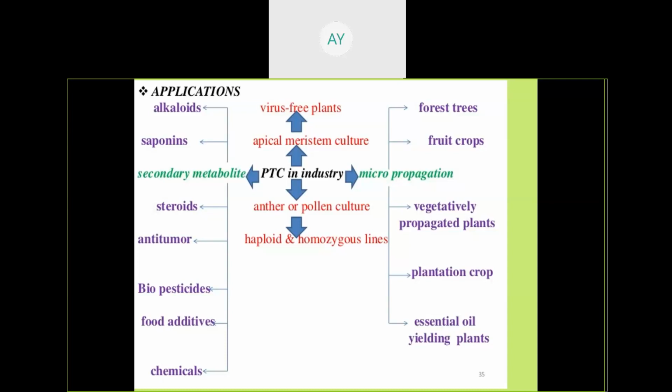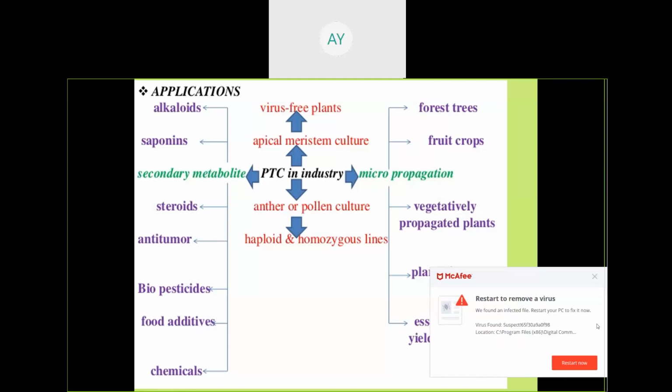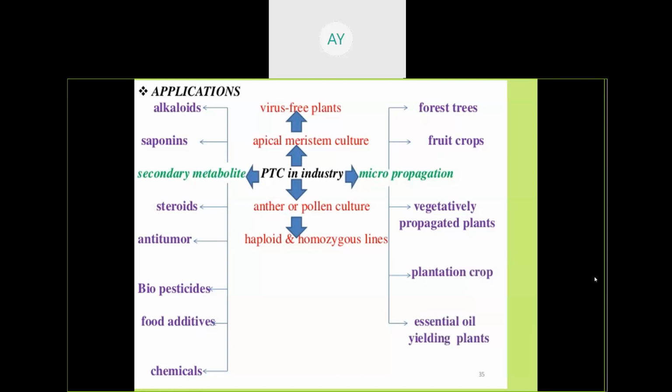So the main two reasons are: no reaching of xylem and phloem up to the terminal end of the apical meristem, so there is no chance of infection. Second point, a huge concentration of oxygen that prevents the growth of what? The virus. That's why we select the apical meristem.